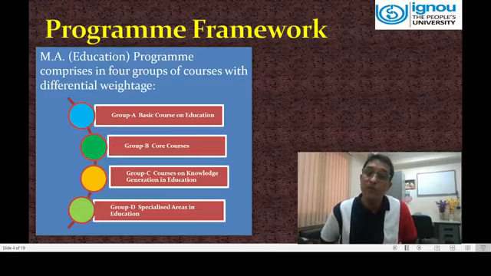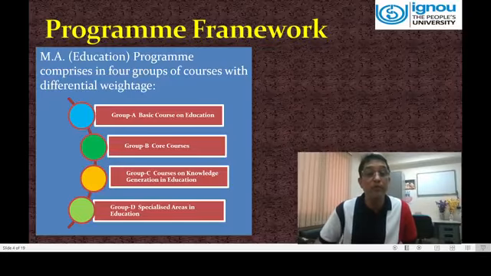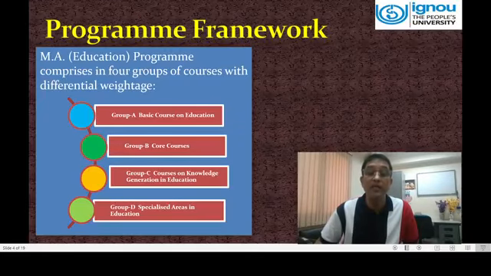The MA education program comprises 4 groups of courses with differential weightage. So what are the 4 different groups, and what courses are included in each group, we will discuss. Here you see Group A, that is the basic course on education. In Group B, you will find certain courses that are core courses. Group C is the courses on knowledge generation in education.